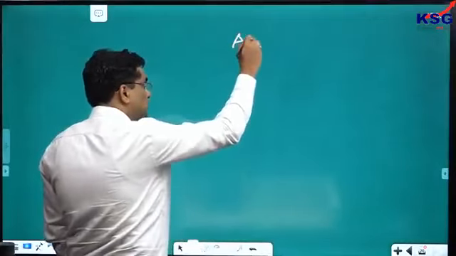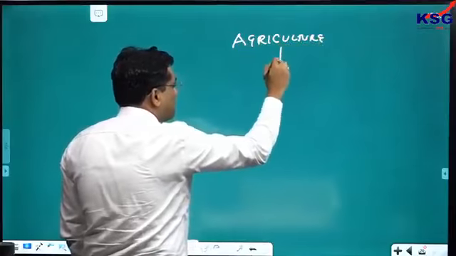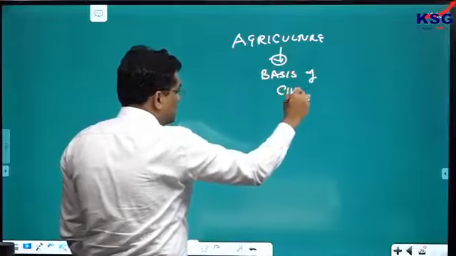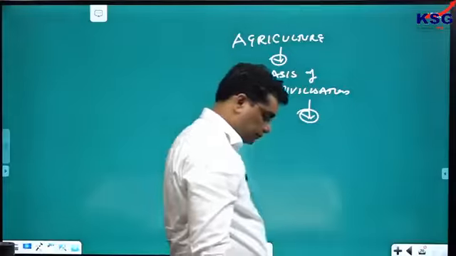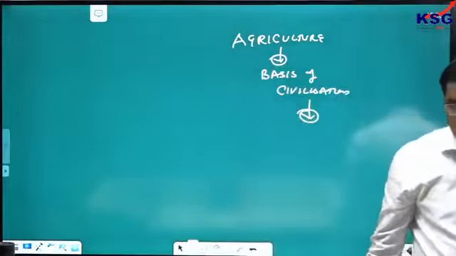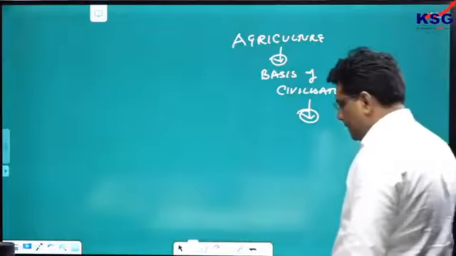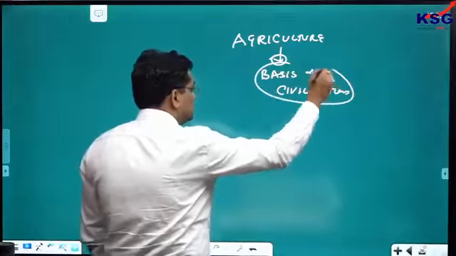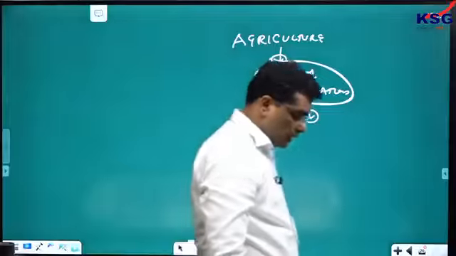Agriculture, no doubt in this, the basis of the civilization was agriculture.